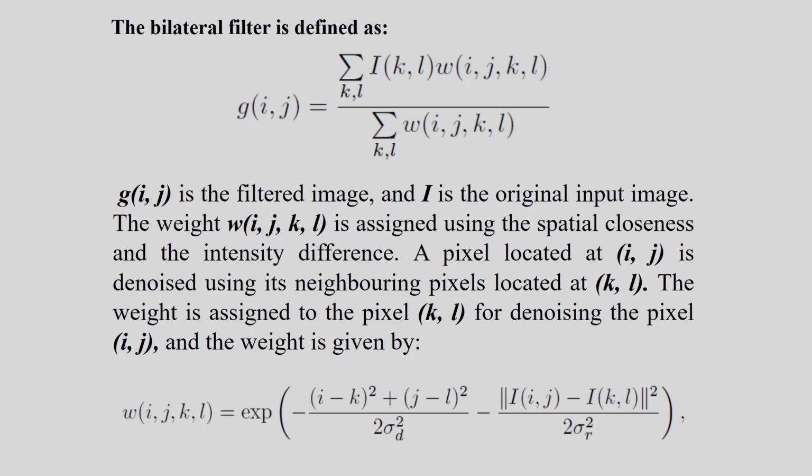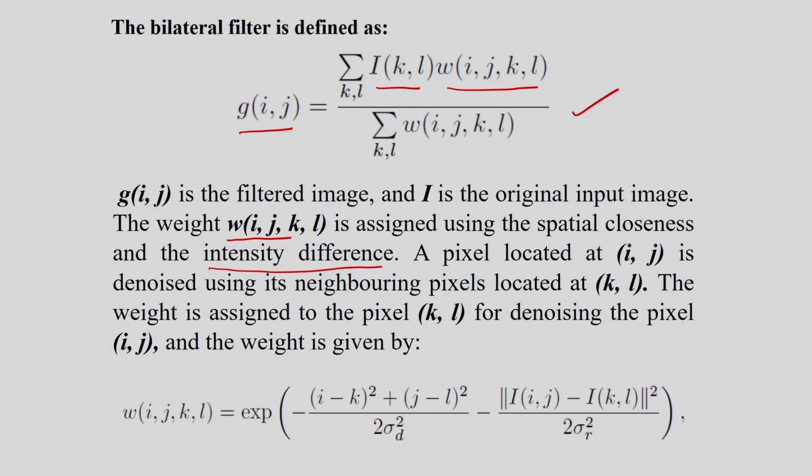In this case the bilateral filtering is defined like this: Gij, where the original input image is I, and I am also considering the weight Wijkl, and Gij is the filtered image. The weight Wijkl is assigned using the spatial closeness, that is the geometric closeness, and the intensity difference, that is the photometric similarity.